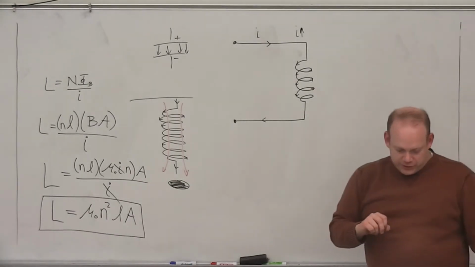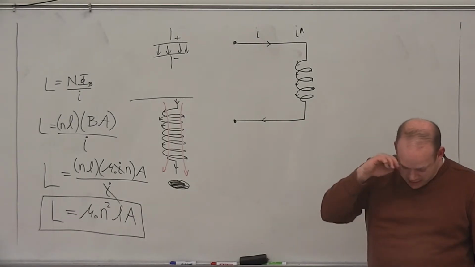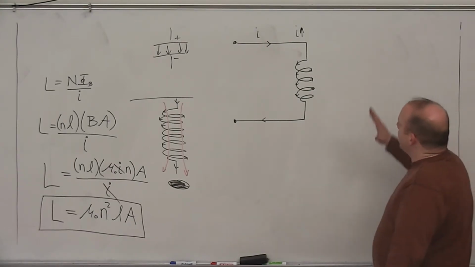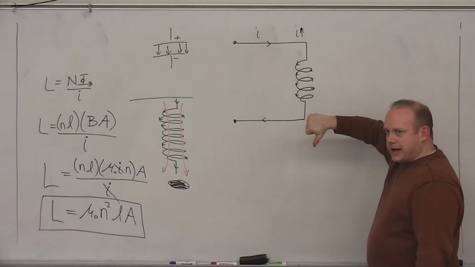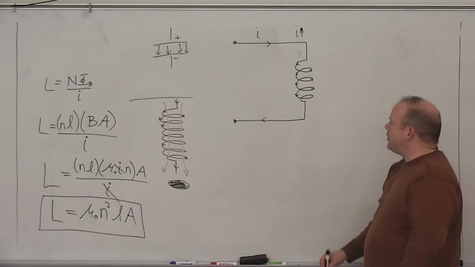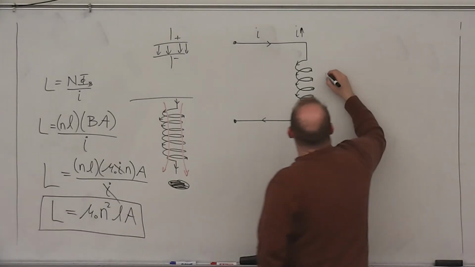So what happens is, to try to fight that, and you can look at this on page 806 of your book. Now, if I have an increasing I here, I'm going to try to create a voltage that tries to push back in the other direction.